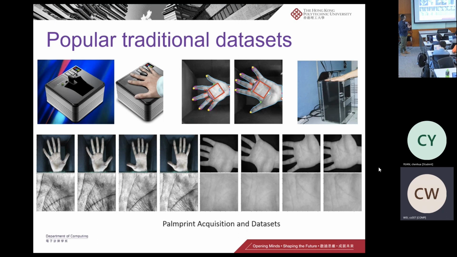Otherwise, if you take it at a random orientation or with random illumination, you get different types of images, which will cause a lot of problems. You could see from here, the images captured by different devices look quite different from each other, right?